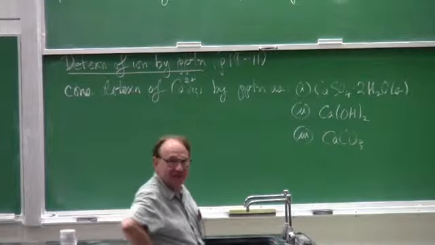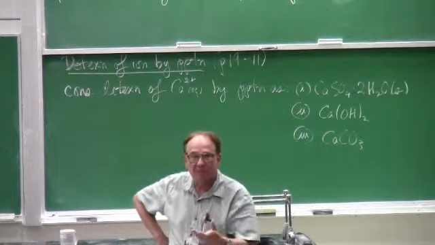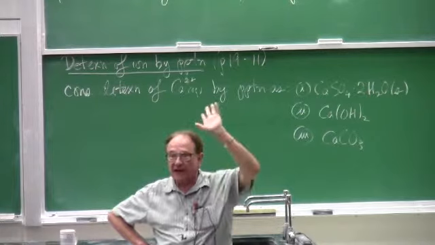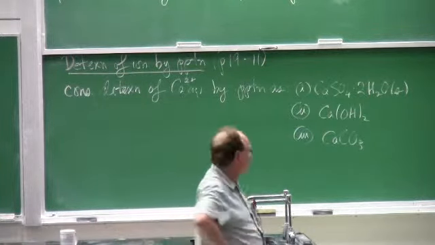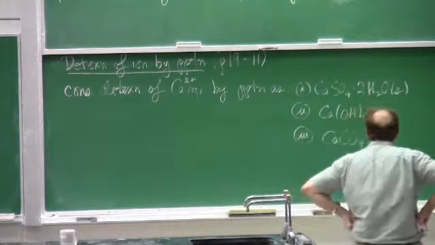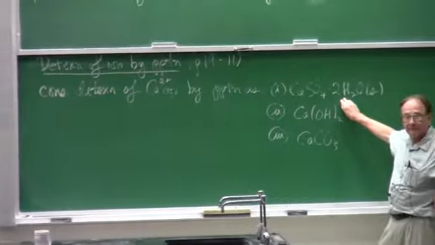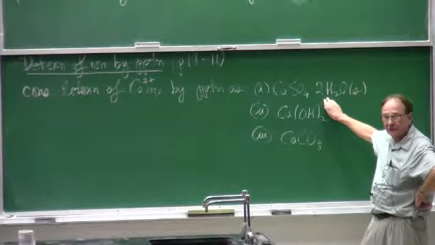So you know calcium sulfate dihydrate, the main ingredient in sheetrock, the main ingredient in casts. How many of you had the misfortune of wearing a cast? Me too. There's sheetrock, calcium sulfate dihydrate.